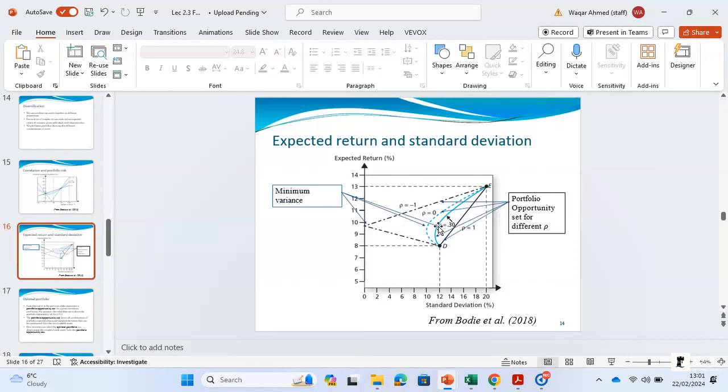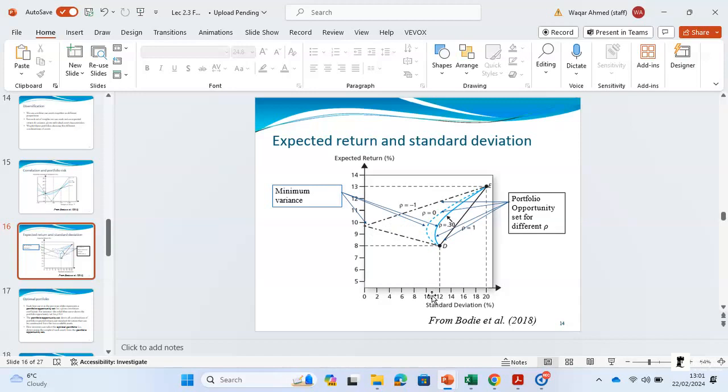So what do you see here? What is the expected return here? You can just draw a line parallel to see what would be the expected return. It should be something around 10%, right? And what is the risk at this point? Less than 12%.